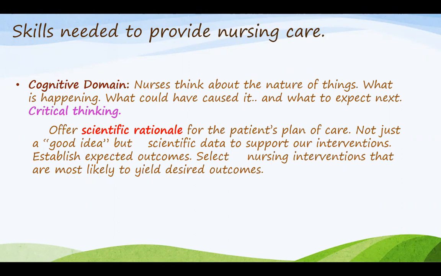We also follow scientific rationales for the patient's plan of care. That means we don't just do something because we think it's a good idea. There's scientific data to support it. So an example would be, when I became a nurse and someone had the beginning stages of a bed sore, we were taught to rub it to increase the circulation. Well, that's 20-something years ago, and a lot of research has been done, and now that is not the best thing to do.